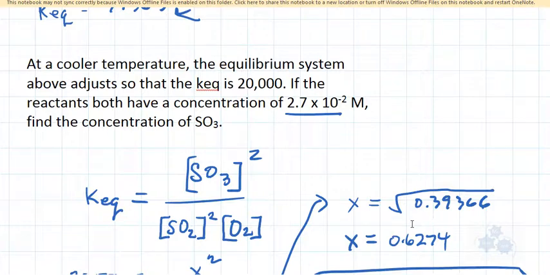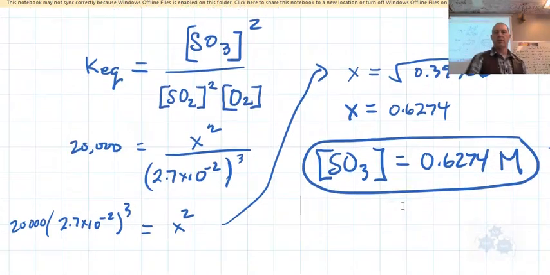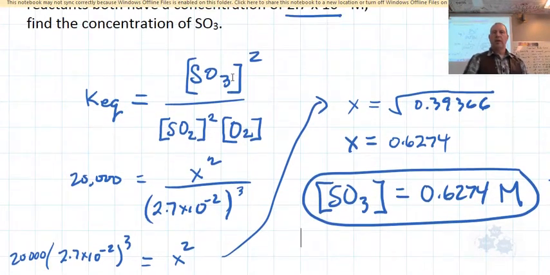All right, here's your solution. You should have your Keq expression. We don't know the concentration of SO3, so that's your X. The X is squared though, so you have to remember that. Fill in all the other values. This is the same value here and here, so it turns out to be cubed, squared, times to the power 1.